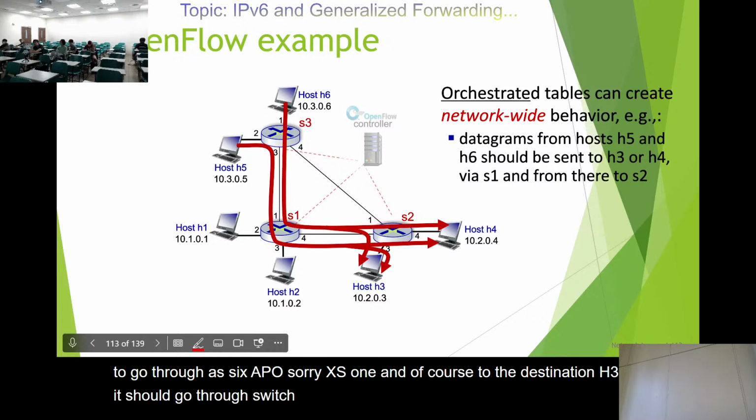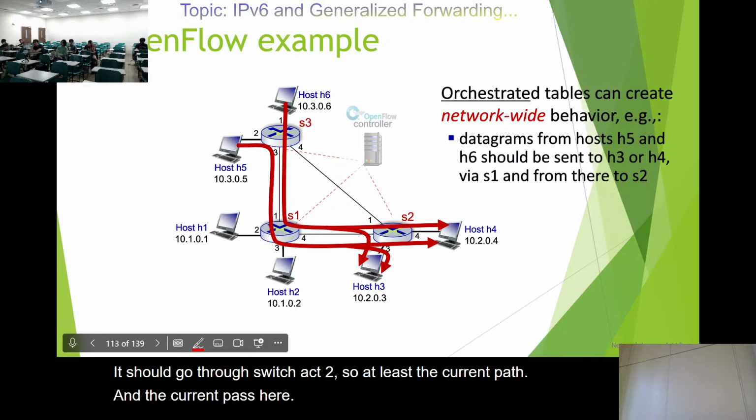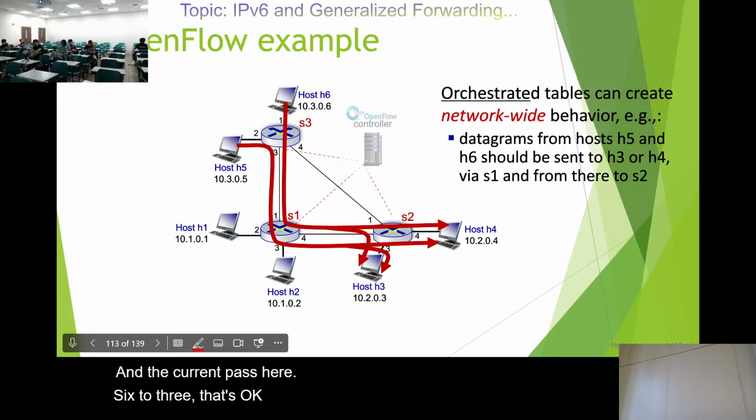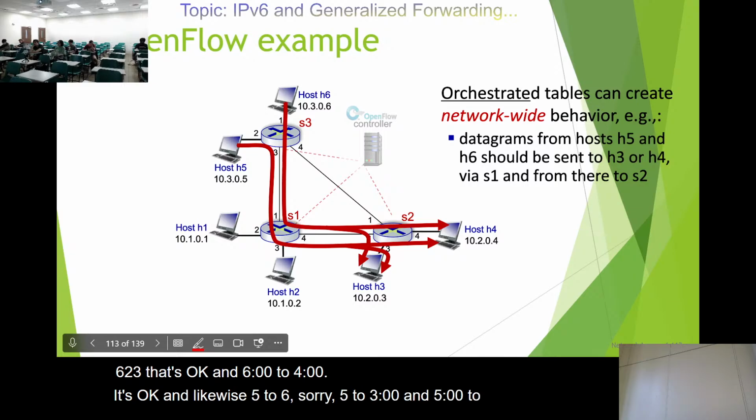So at least the current path, 6 to 3, that's okay, and 6 to 4, it's okay, and likewise 5 to 3, and 5 to 4. All right, so it meets our requirement, it's correct.